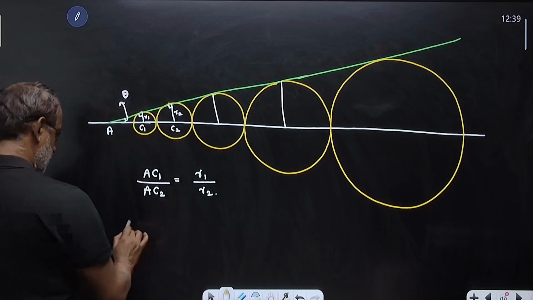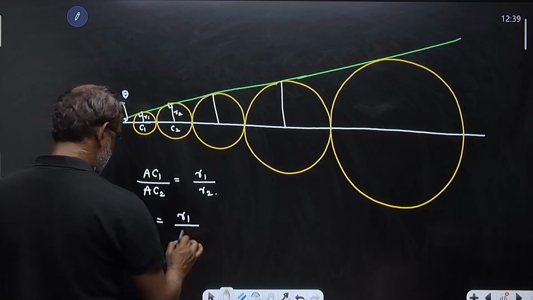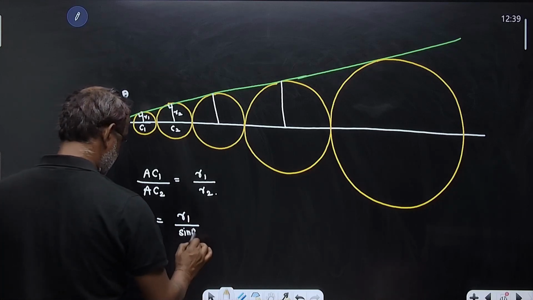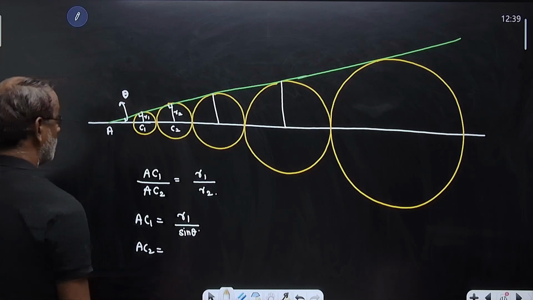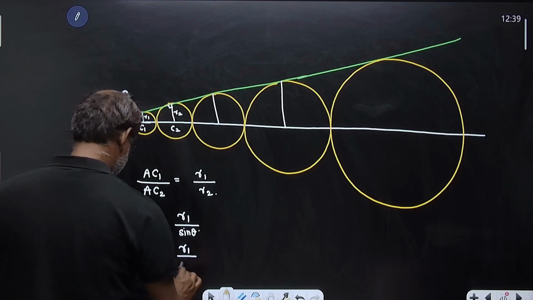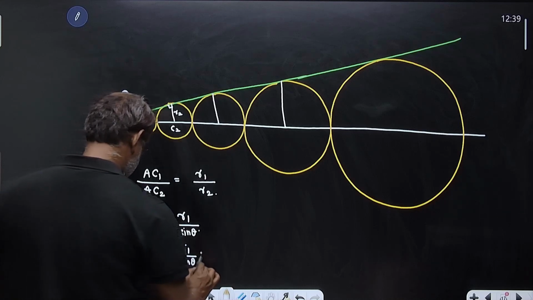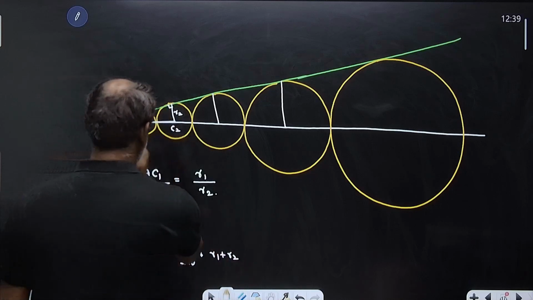AC1, what is AC1? AC1 is R1 by sin theta. And what is AC2? It is AC1, that is R1 by sin theta, plus R1 plus R2, because the circles are touching each other externally.